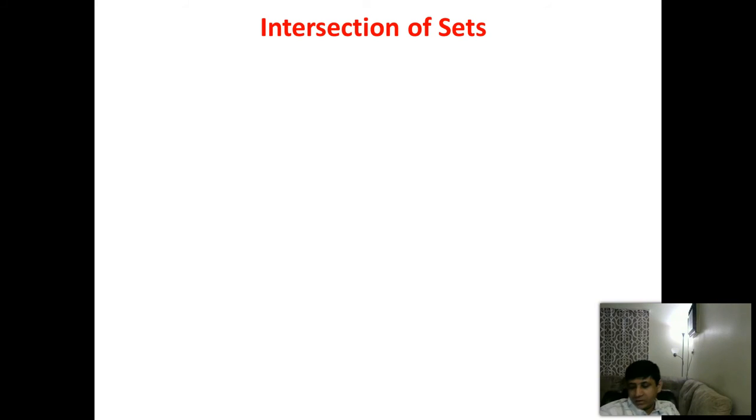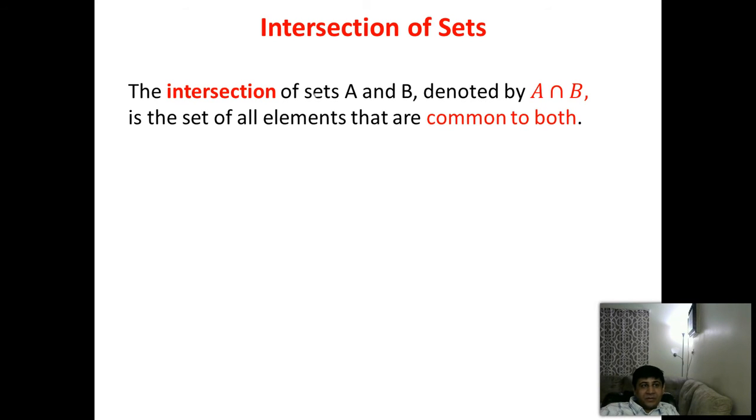one very important concept. You already saw a situation on the last slide where two sets were overlapping, or intersect, in a Venn diagram. That's what we call an intersection of sets. The intersection of set A and set B is denoted by A intersection B, and it is the set of all elements that are common to both.